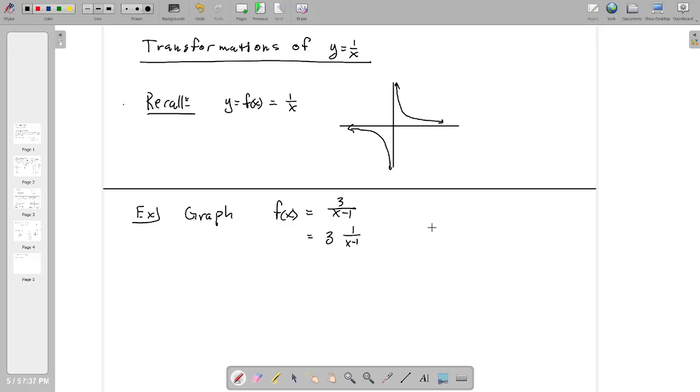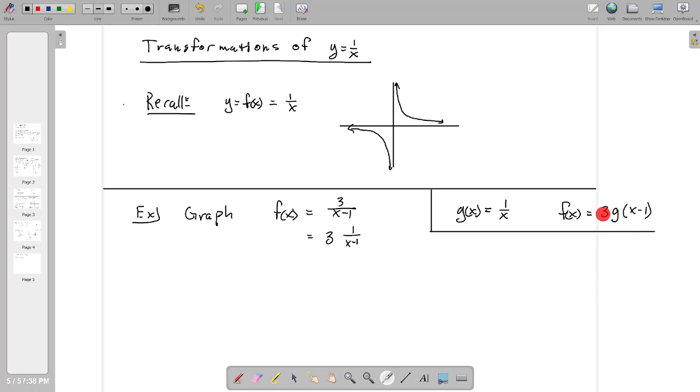So if g of x is equal to 1 over x, then f of x is equal to 3 times g of x minus 1. Just in case you were struggling to see the different manipulations that we have.